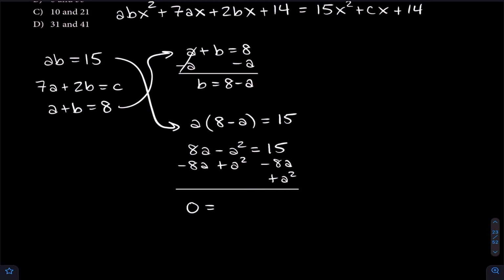And on the other side, I have a squared minus 8a plus 15. Awesome. So we can factor that. What are 2 numbers that add to be negative 8 and multiply to be 15? Well, negative 3 and negative 5.